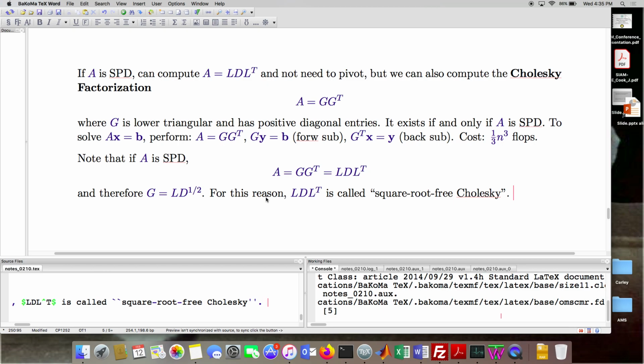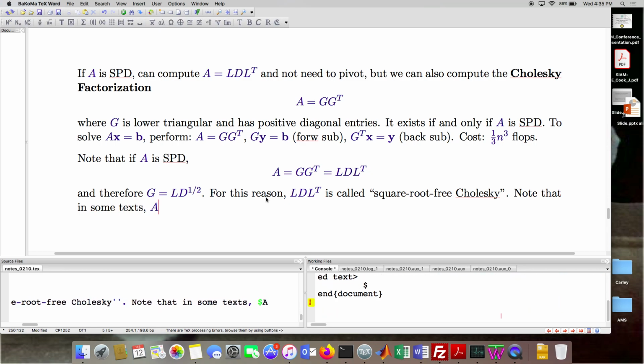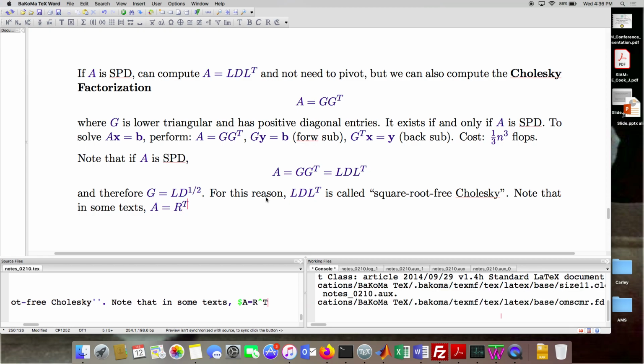One more comment about Cholesky before I get to the algorithm. Some sources express the Cholesky factorization differently, like R transpose R, where R is upper triangular.